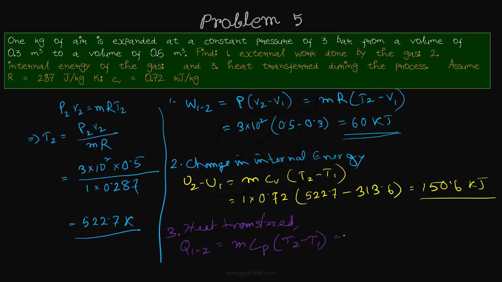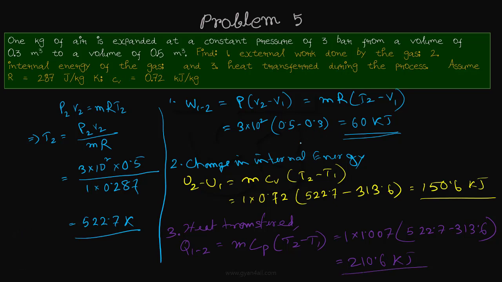So we put the values: m is 1, Cp is 1.007, multiplied by the temperature difference, 522.6 minus 313.6. So this will be approximately 210.6 kilojoule.